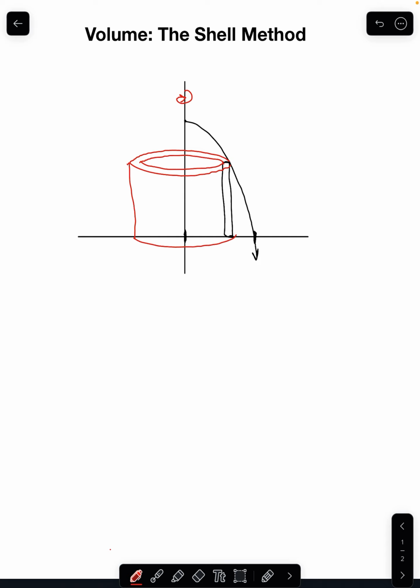The idea then is that each partition would create its own separate cylindrical shell in this manner. So our total volume would come from adding up the volume of all the cylindrical shells, much the same way that in the disk and washer method, the volume of the three-dimensional object came from adding up the volumes of all of the cylindrical disks.